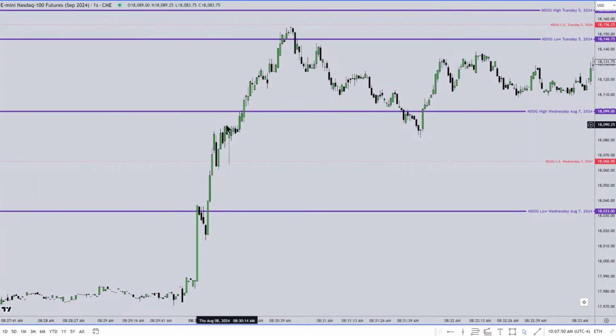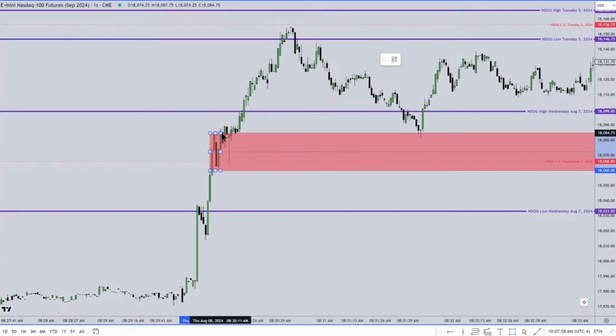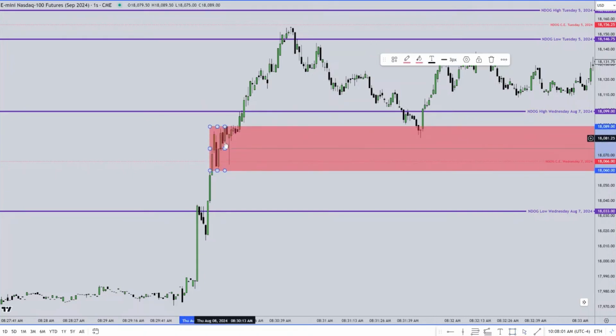What makes this a balanced price range? If you look inside, there you have, come on. Up, down, up, down.